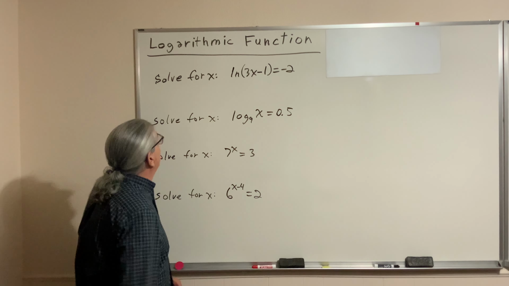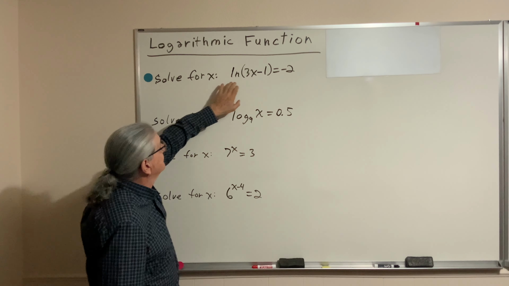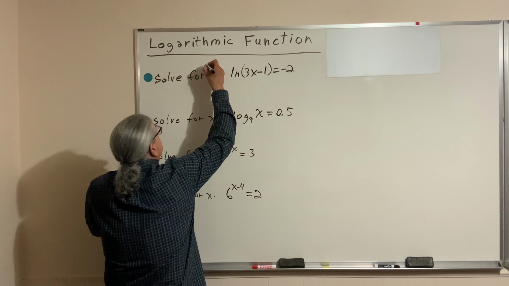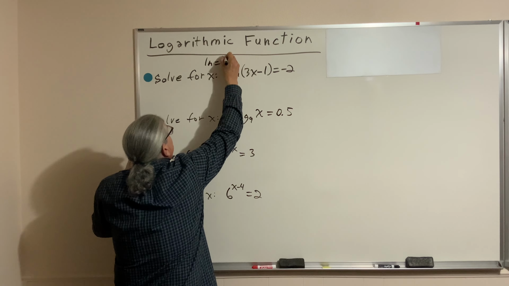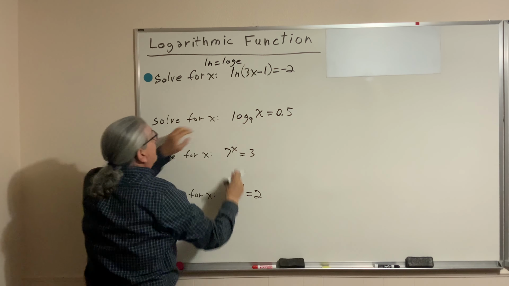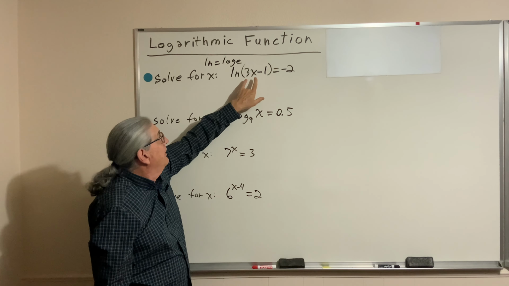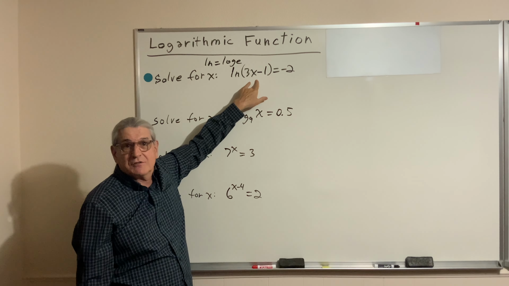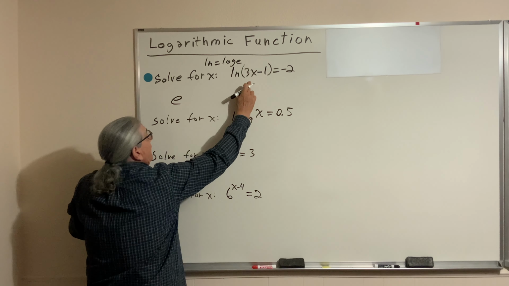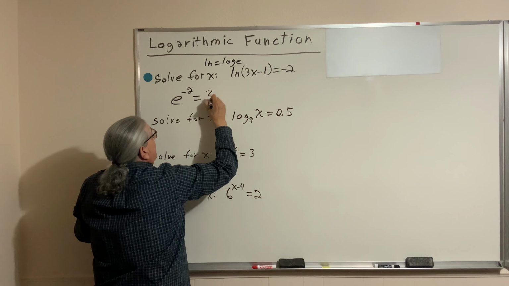All right, here's some problems. Let's start with this one. Solve for x: the ln of 3x minus 1 equals negative 2. First of all, remember, the ln is the log base e. So now this x is inside an ln. We can't solve it our normal way, but if we pull it out by doing the inverse function and make it an exponential, we go e to the exponent equals the argument.